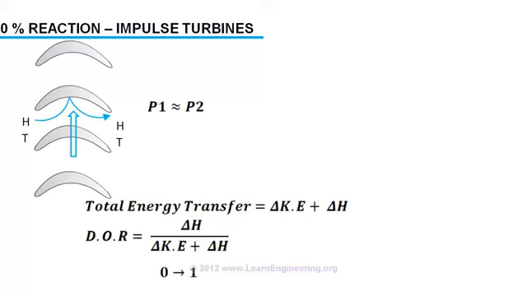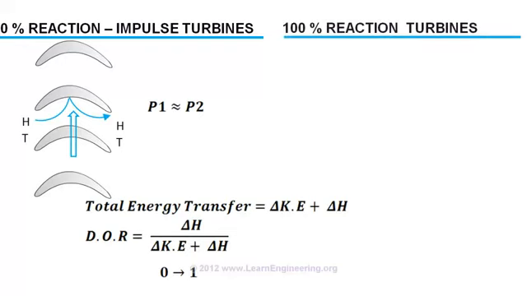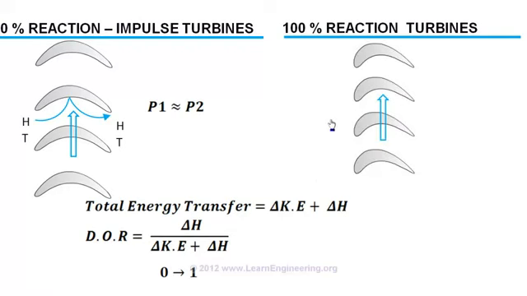Now, the other extreme case. The 100% reaction turbines. Here, as you guess, there won't be any kinetic energy change across the rotor, and energy transfer will be purely due to change in enthalpy. And this could be a typical blade profile for such a case. Here the fluid passes through the blade without actually hitting it.